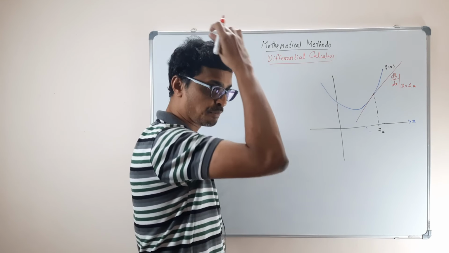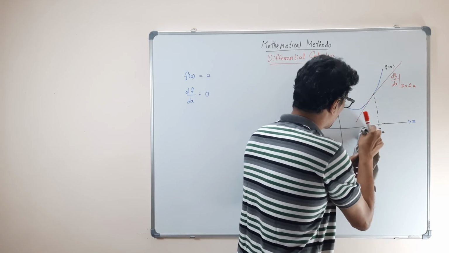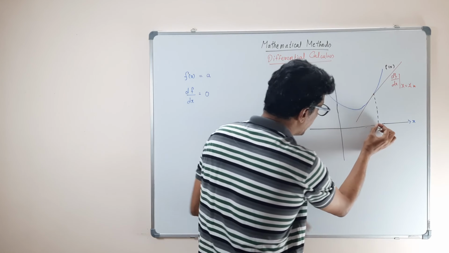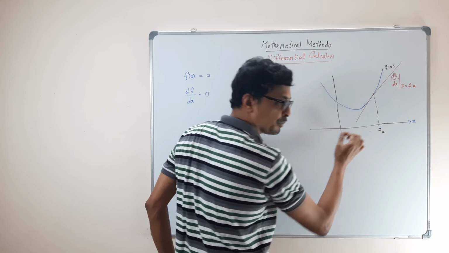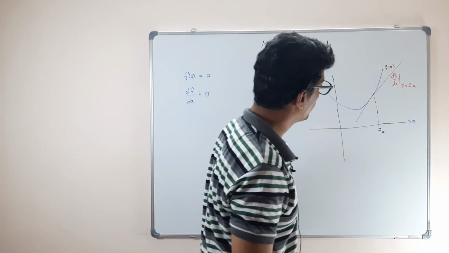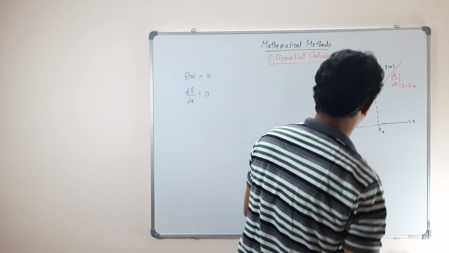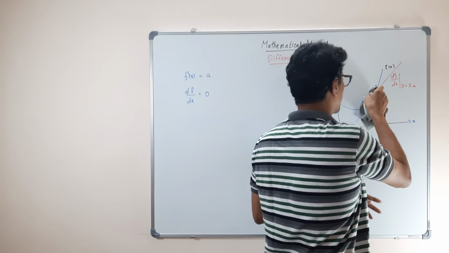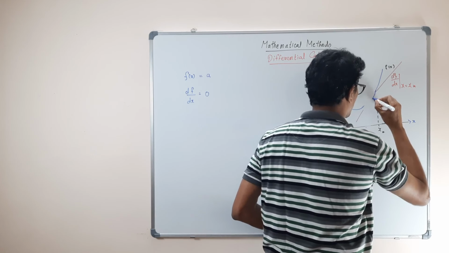Now think of this case: if I move x star from here towards the left hand side, what will happen to the slope? It will start getting parallel to the x axis. Suppose I am not drawing the curve properly.